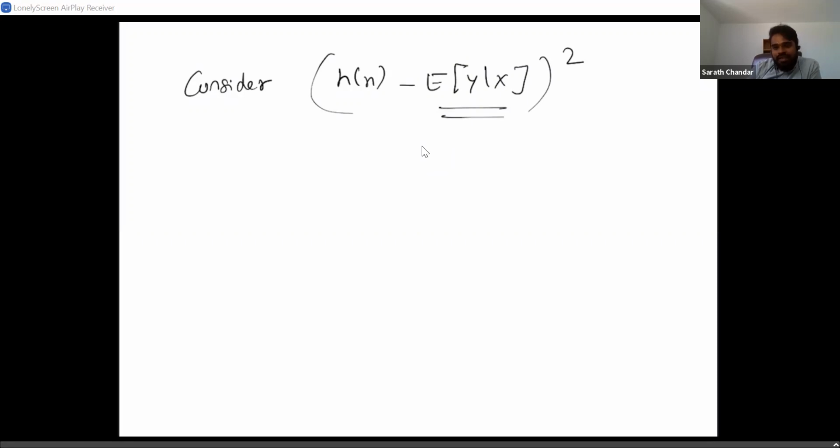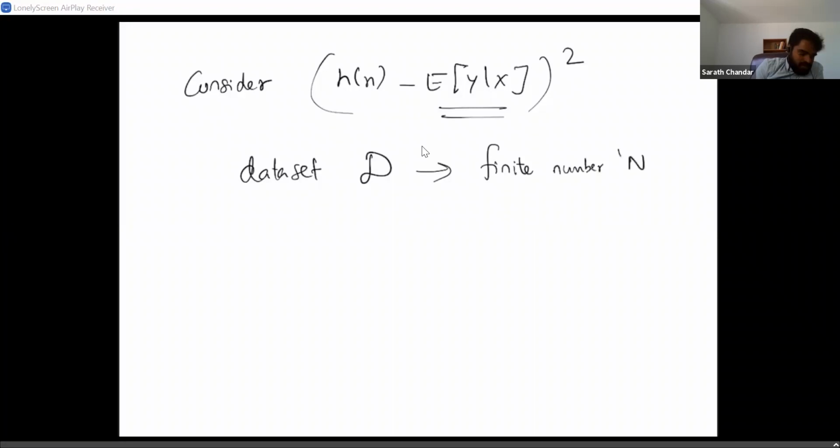So we are replacing that with empirical risk minimization, and usually in empirical risk minimization, you're going to have a data set D, which contains a finite number, let's say n, of data points. Instead of considering this entire distribution of data, we are considering this one specific data set which has n data points.